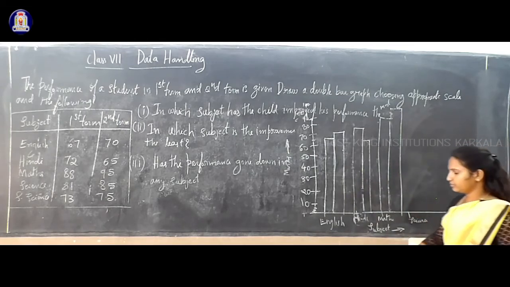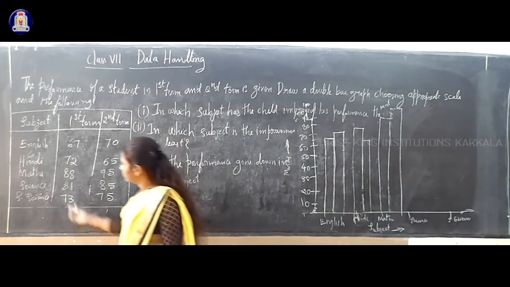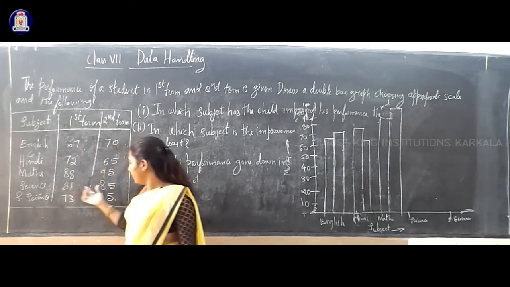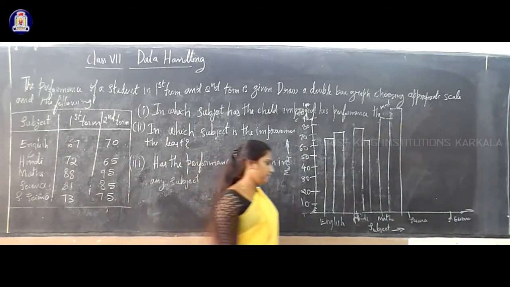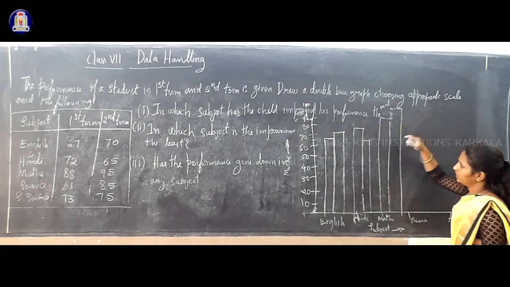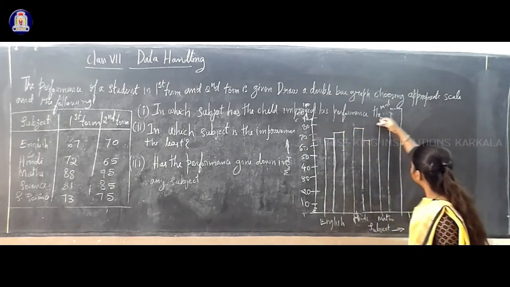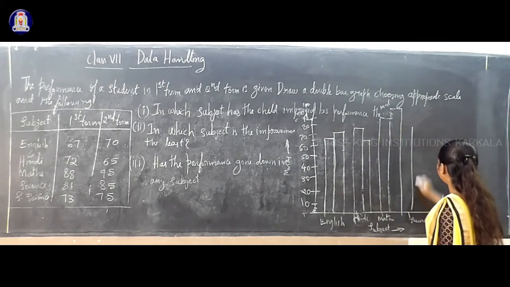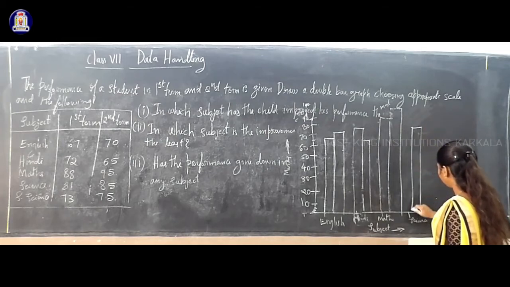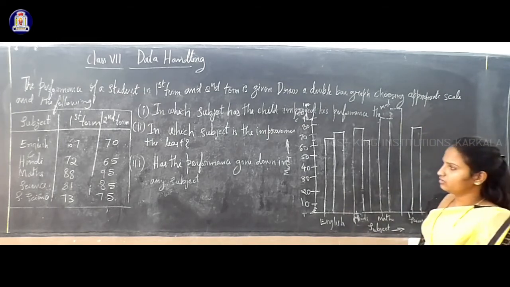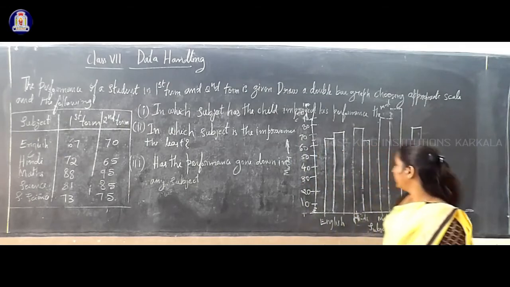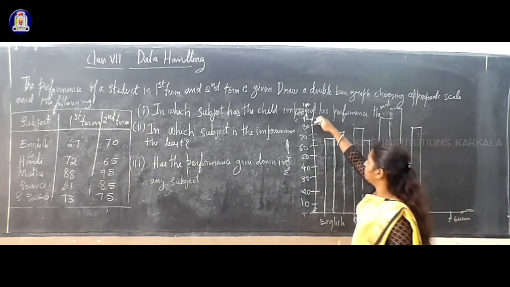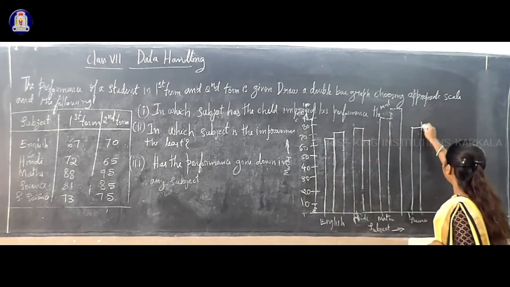In science, he scored 81 in the first term and 85 in the second term. So 81 is here, correct? And 85 means 80 to 90, in between 80 and 90.